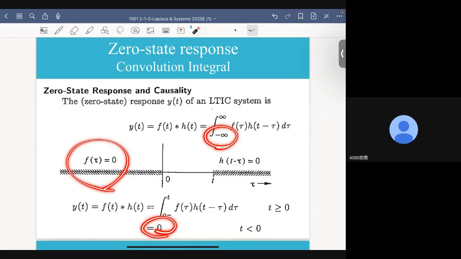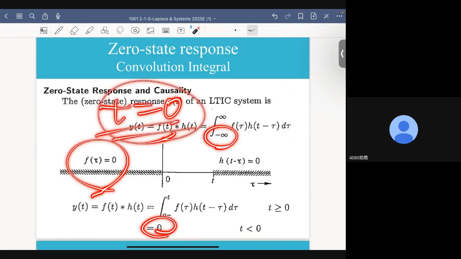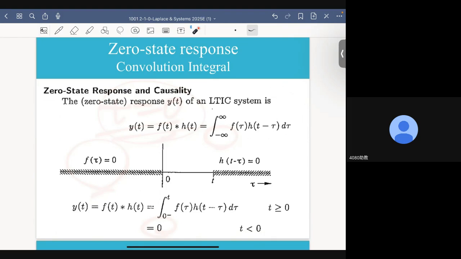Why? Because we are dealing with a causal system, because the input is a causal signal. T is defined as the time when the control operation starts to take place. It's the time of the initialization of the control process.